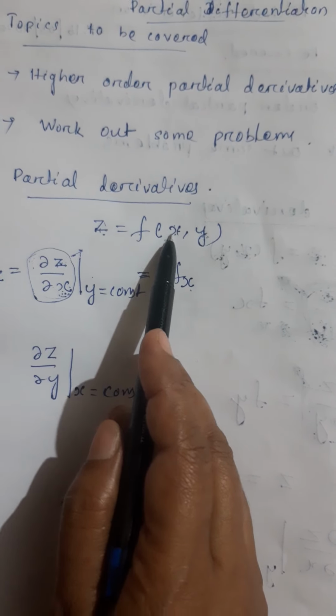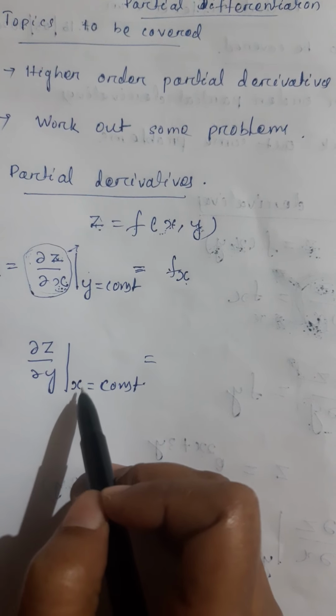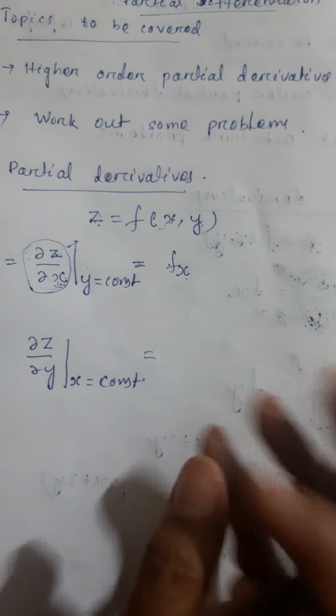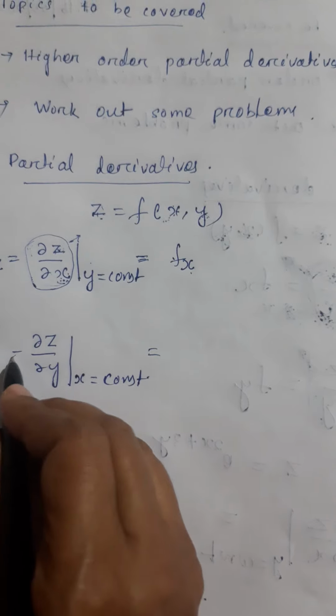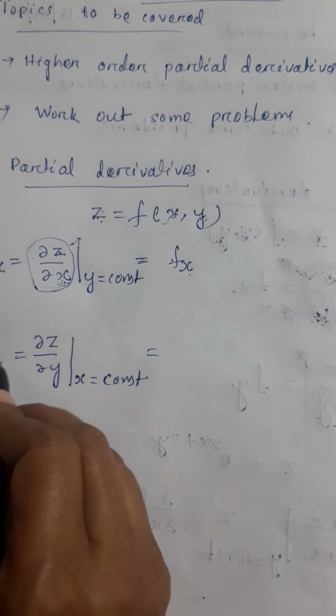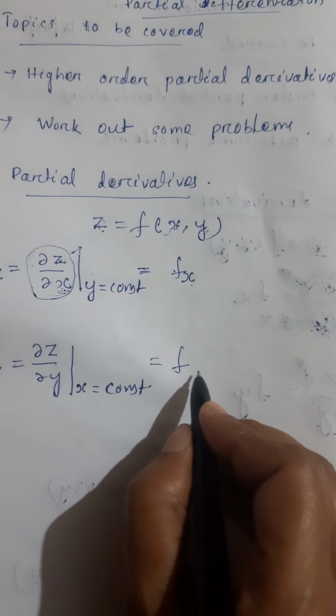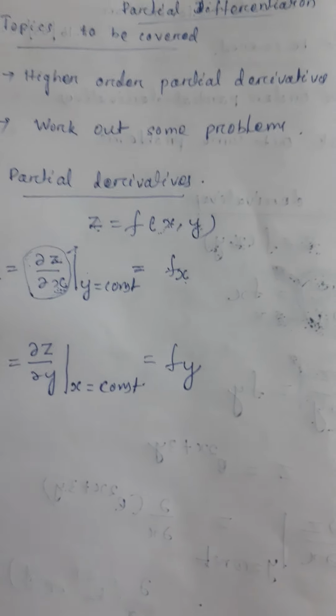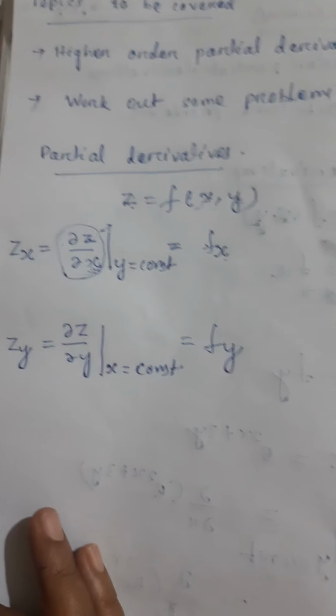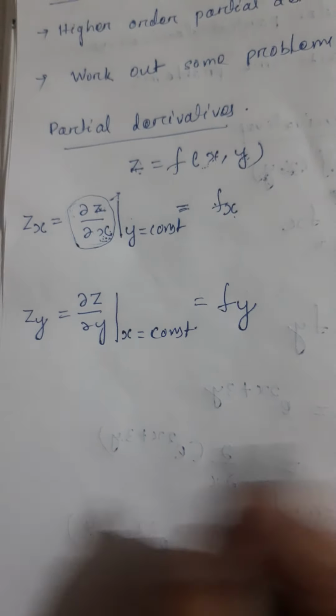So there will be no change in the variable x, so x should be treated as constant. And this is also denoted as zy and can also be represented as fy. These are the first order partial derivatives of z with respect to x and with respect to y.